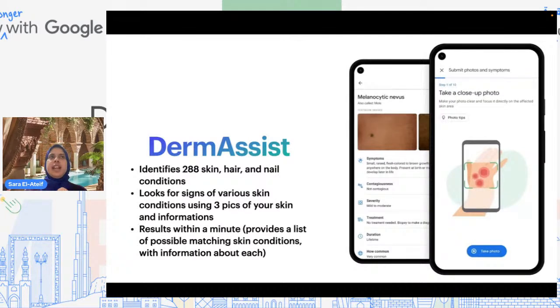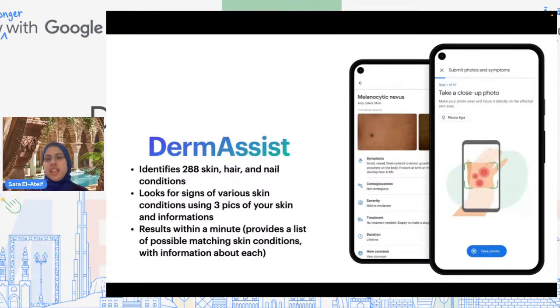So it can identify 288 skin, hair, and nail conditions, and it can give you results within just a couple of minutes. What it does is provide you with a list of possible matching conditions with information about each condition.